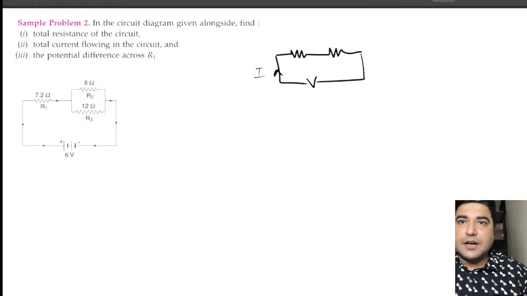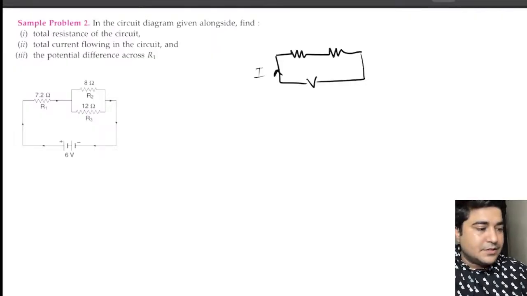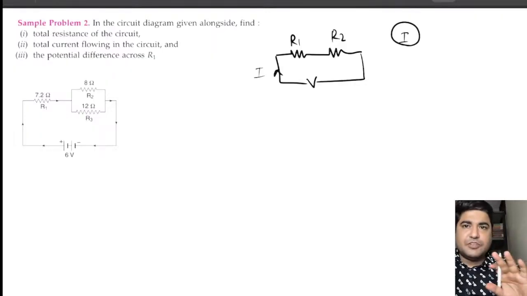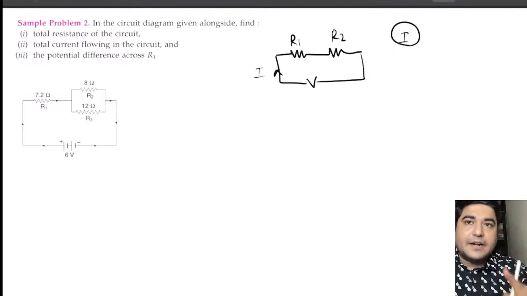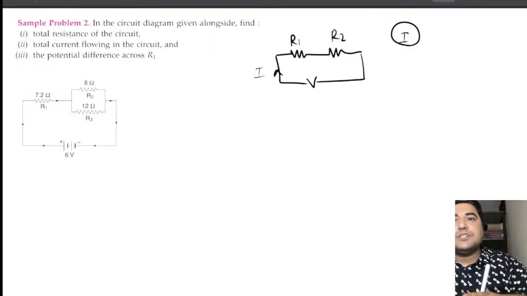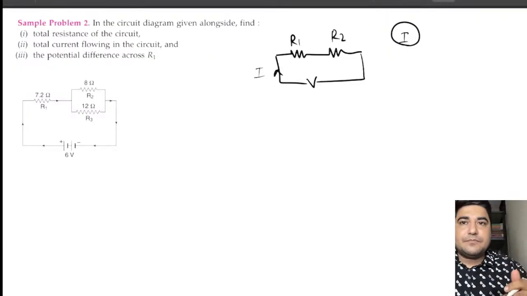For example, if it was asked what the value of current in R1 and in R2 would be, we would say that the value is going to be I. A simple thing. But in a series combination, the potential difference across each resistance is going to be different.